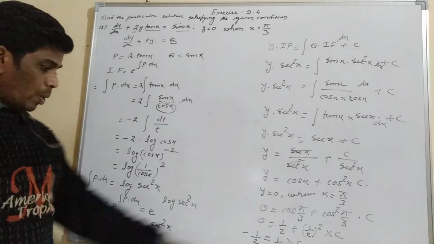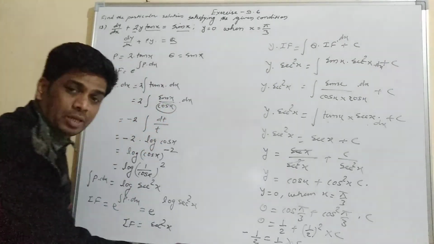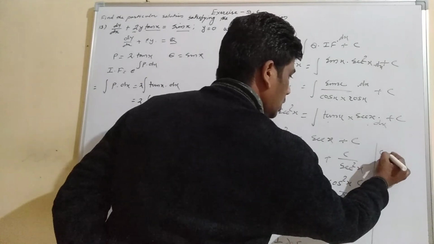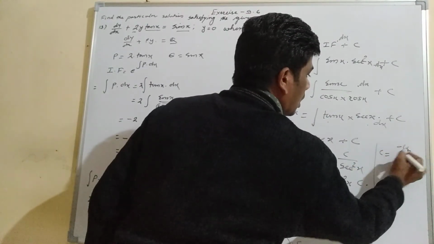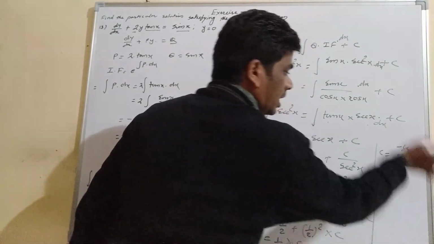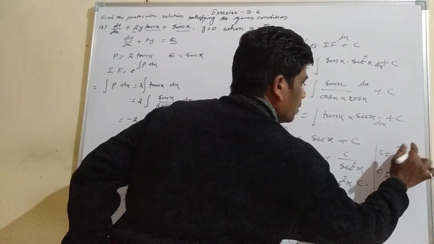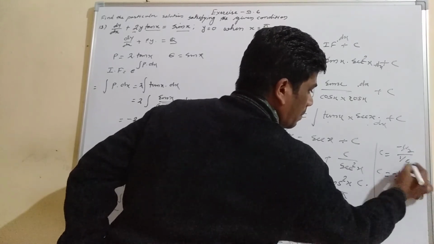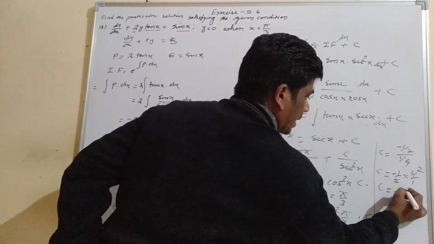So 1/4 we will shift, and c equals minus 1/2 divided by 1/4, which means it will be inverted: minus 1/2 into 4/1, so c equals minus 2.